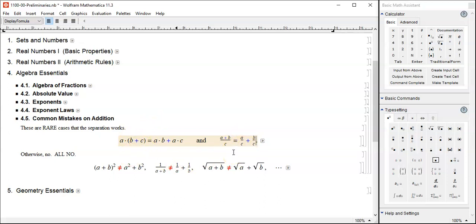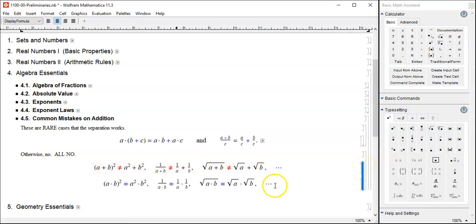But that is one of the rare cases, actually, quite possibly the only case. Otherwise, all no. Square doesn't work. Cube doesn't work. Radical doesn't work. Denominator doesn't work. Curiously, if you change all these into multiplications, then they work.